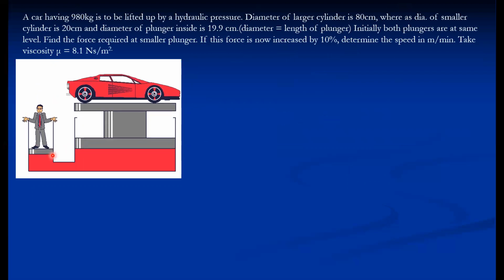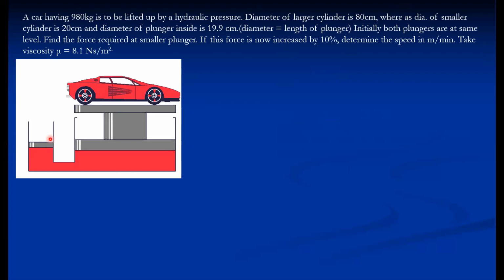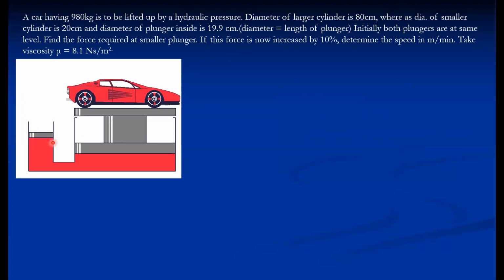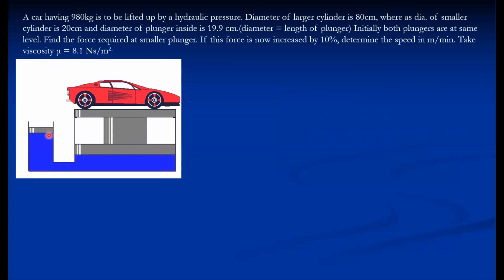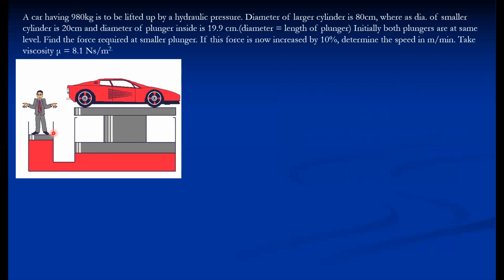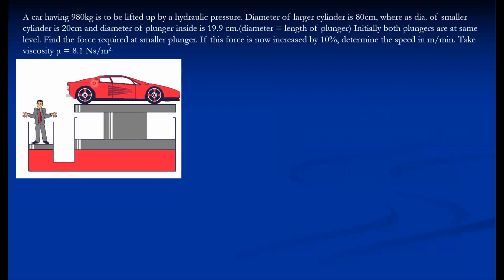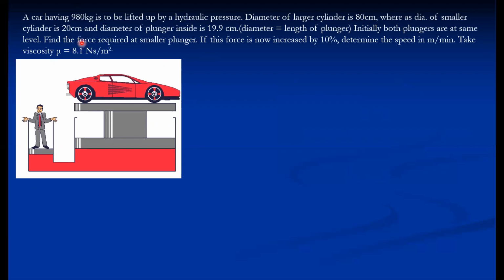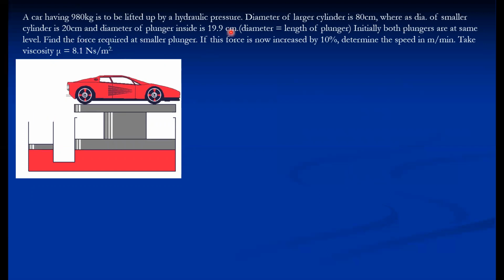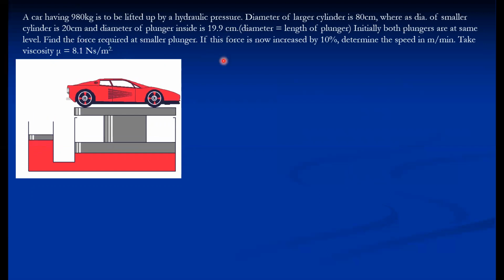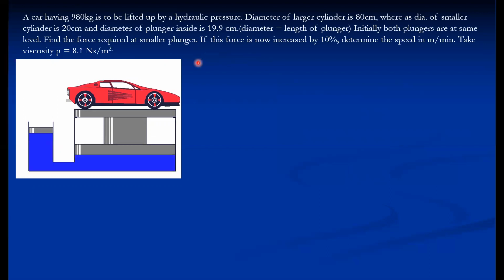The plunger inside has a slight clearance between the small cylinder and the plunger. That clearance is 0.1 centimeter, so 19.9 centimeter is the diameter of the plunger.